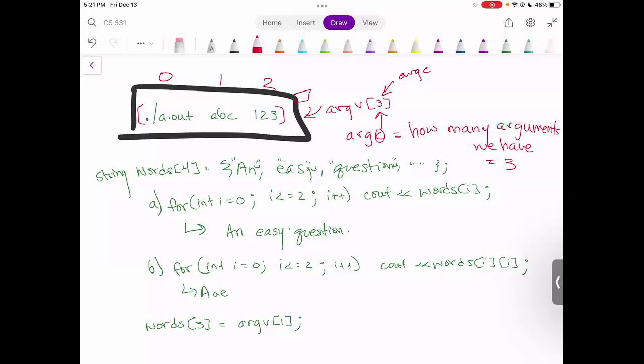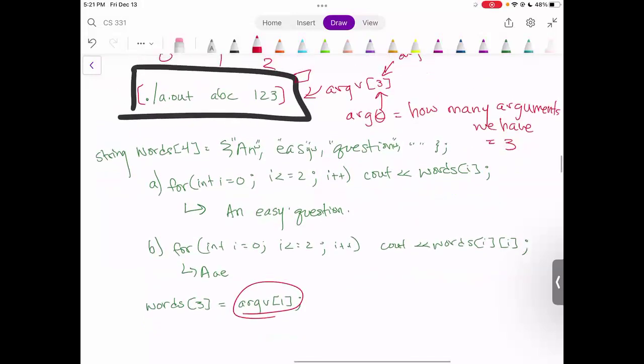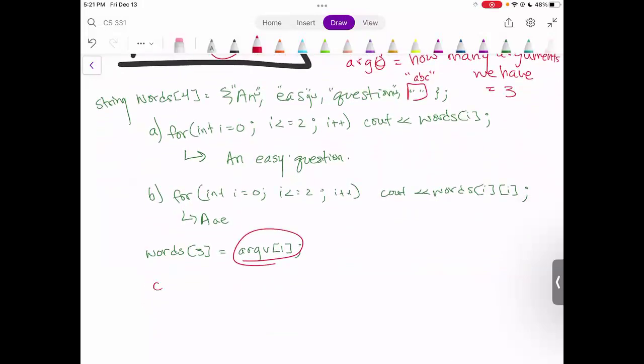You'll have to just know what argv is, because if it says argv sub 1, that means ABC. And over here, this is words sub 3, it now becomes ABC. Then if he says cout words sub 3, it'd be ABC.